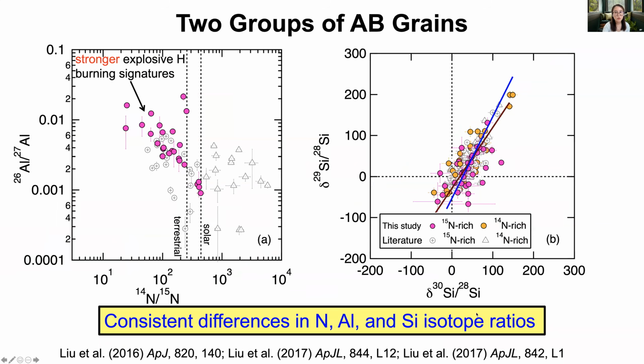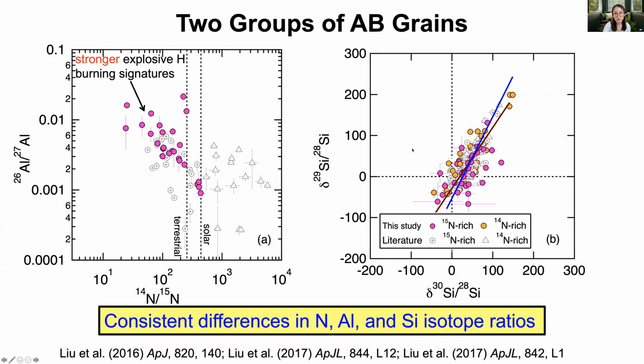So indeed, our recent systematic multi-element isotopic studies of AB grains have shown that AB grains with higher nitrogen-15 enrichments also show higher aluminum-26 excesses and also smaller silicon-30 excesses.